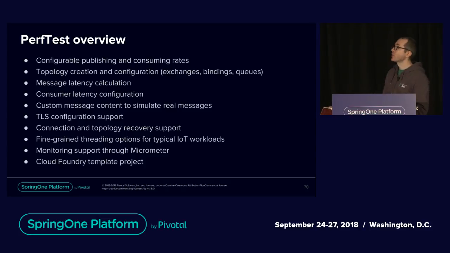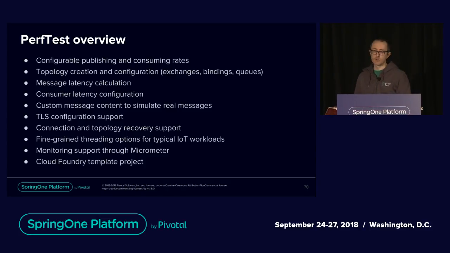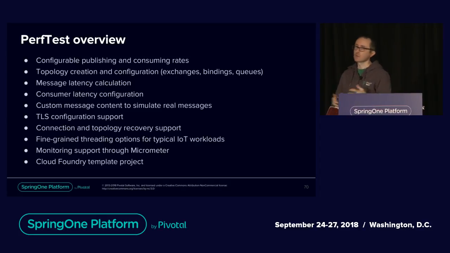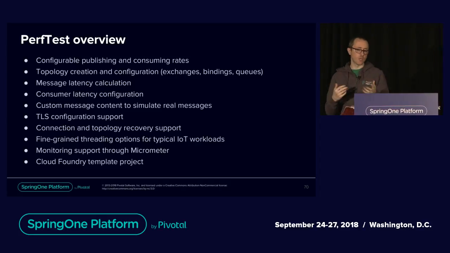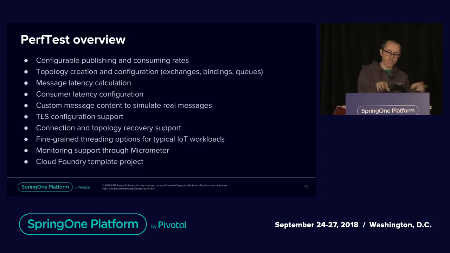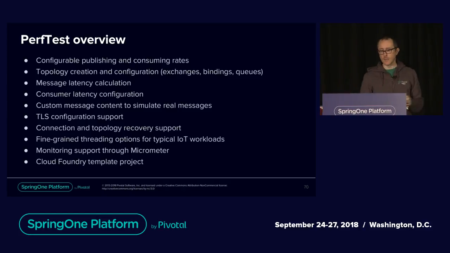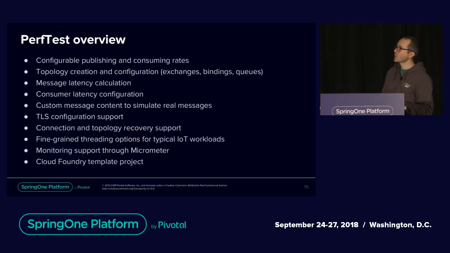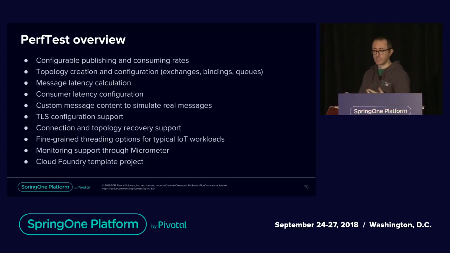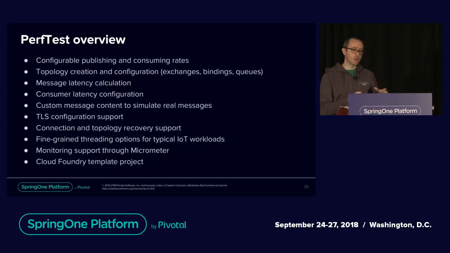There's a bunch of features inside PerfTest. You can configure the rates of your messages. It can handle the topology creation, so you don't have to manually create your exchanges and so on. It calculates the message latency, the time between when the message is sent and consumed. You can configure some latency also in the consumer part.